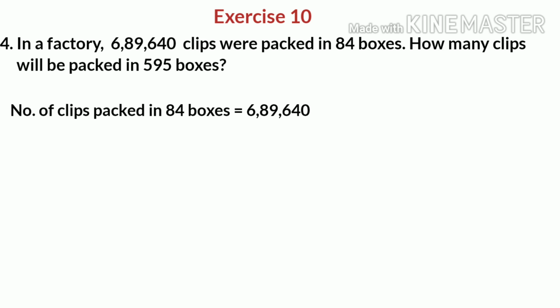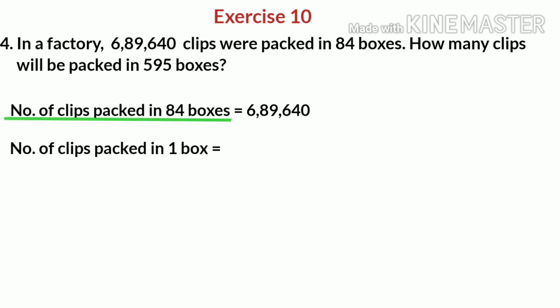6,89,640. Now, to find the number of clips to be packed in 595 boxes, we first need to know how many clips were packed in one box. That is, we need to first find the number of clips packed in one box. So, to find that, we will divide the number of clips packed in 84 boxes by 84.